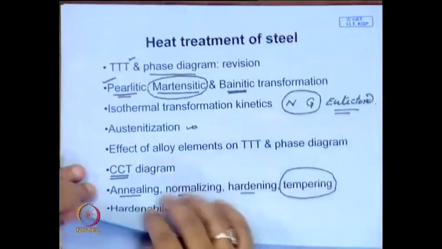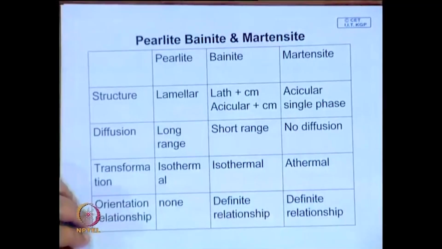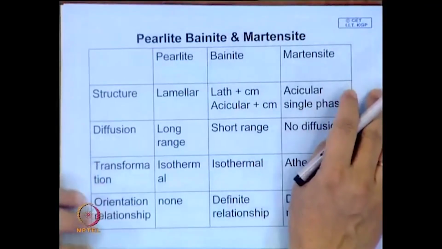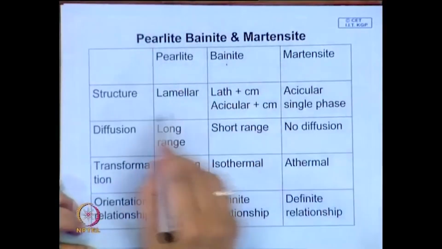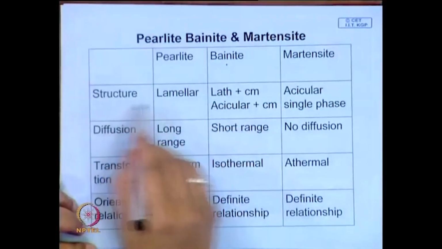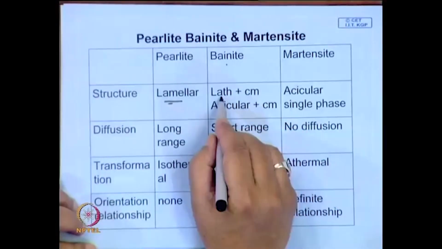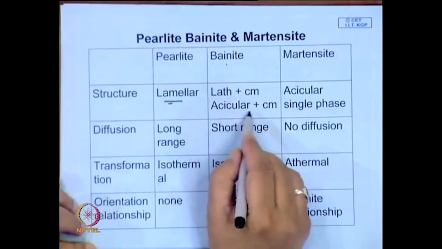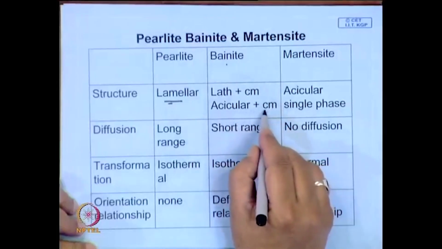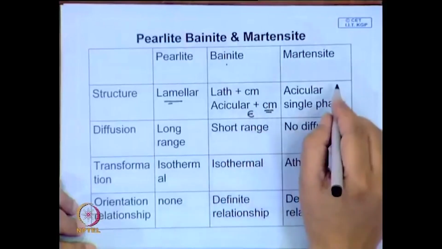Now, let us do a quick recapitulation of the three different types of transformation which take place: pearlitic, bainitic, martensitic. Here we looked at their structures. This is lamellar. Here you have two variants, lath plus cementite, and another, lower temperature bainite. They are nearly acicular or plate type, where carbides may be cementite, or in some cases epsilon carbide.